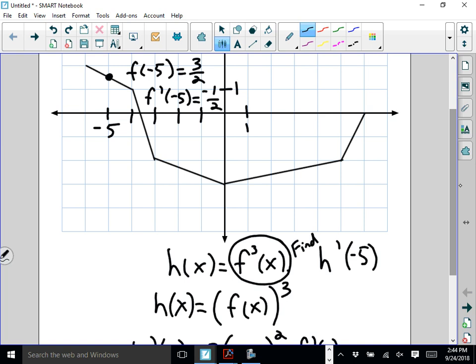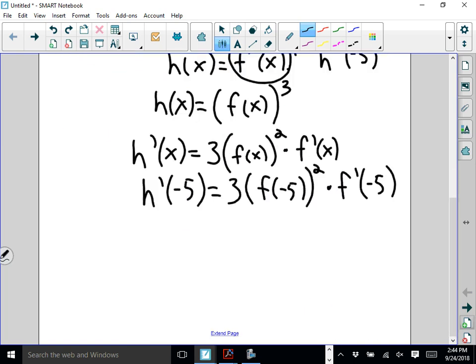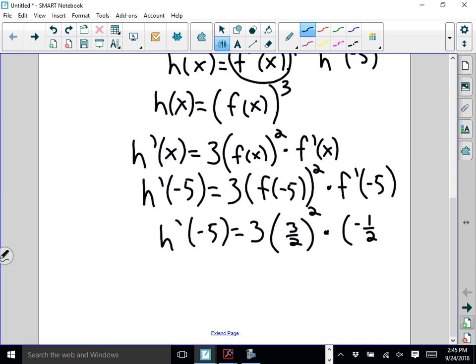So I'm going to get h prime of negative 5 equals 3 times f of negative 5, which again was 3 halves, squared, times negative half. Okay, so I'm now going to simplify this. 3 halves squared. Please remember your exponent rules: when you square a fraction, you square the top and you square the bottom.